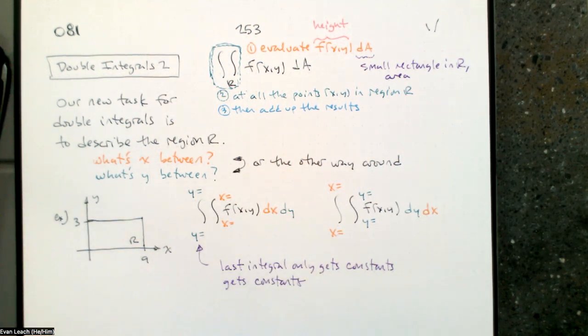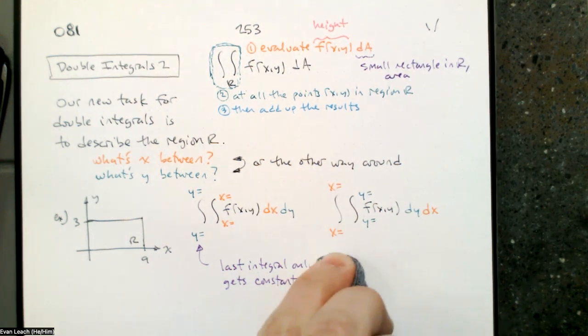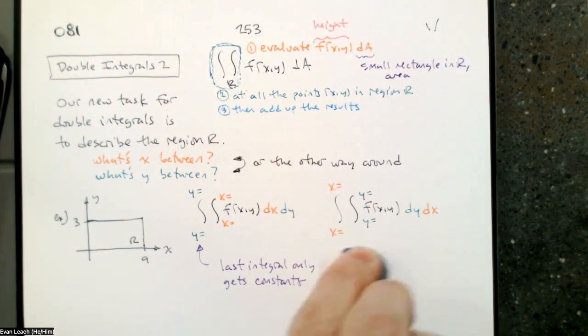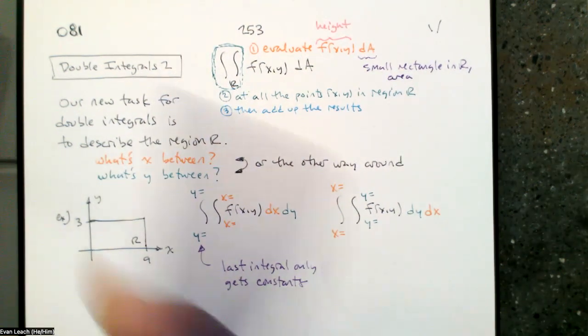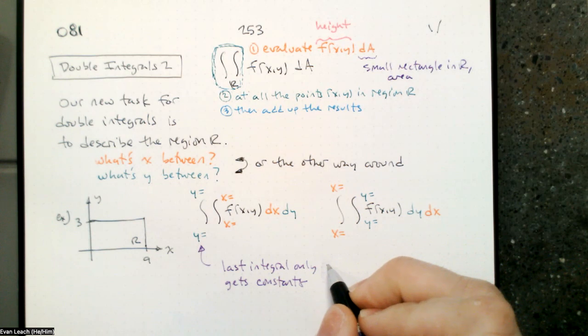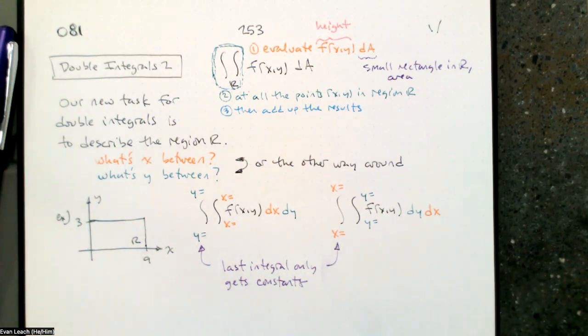By the last integral, I might also say outer integral. We have to finish with just constants. The last integral only gets constants.